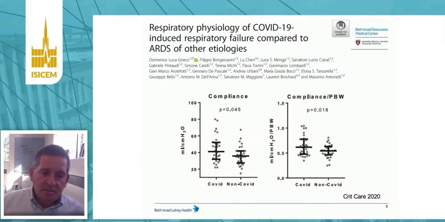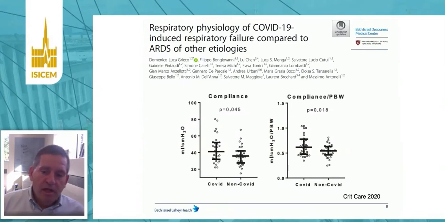Now, there's two things at play here. If you look at the distribution of the compliances on the left-hand graph, you can see that they're widely distributed both in COVID and non-COVID patients. So while they're statistically significantly different, clinically, these are probably not very different phenotypes, the COVID and non-COVID.